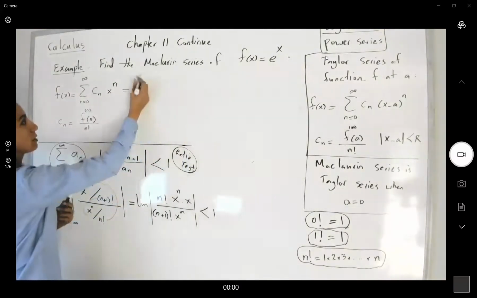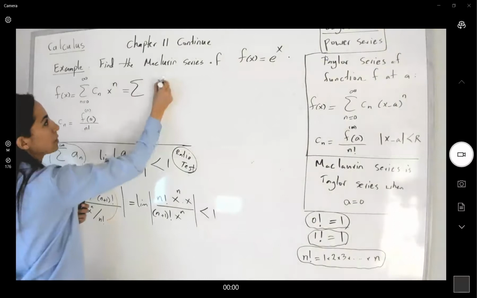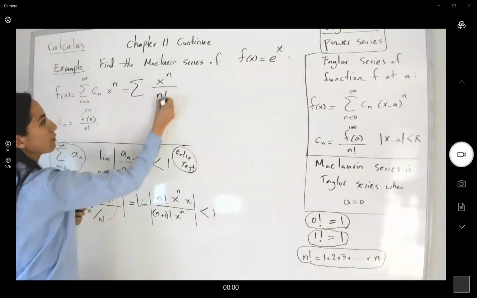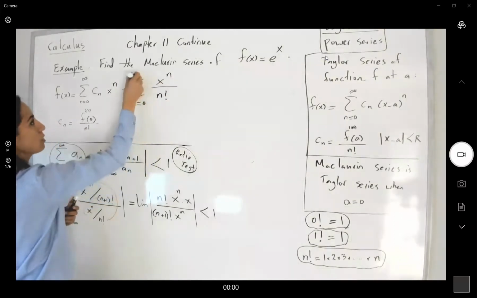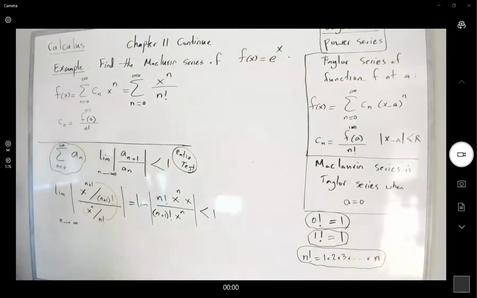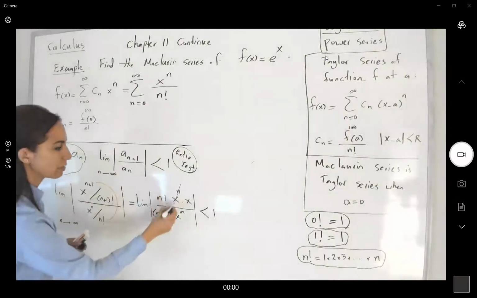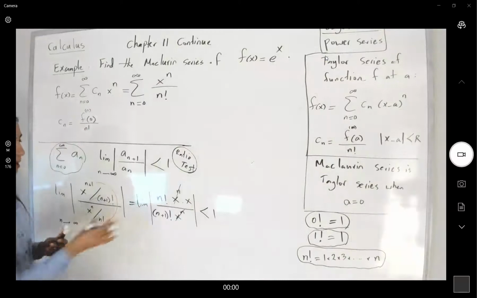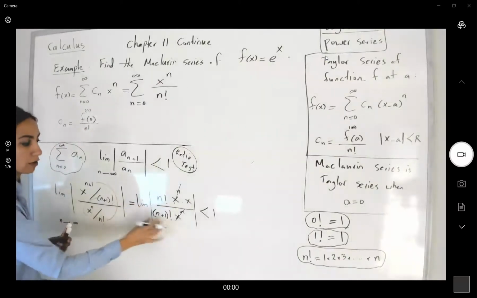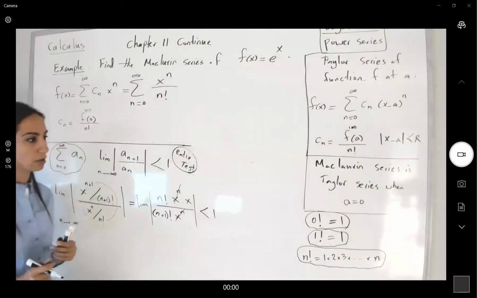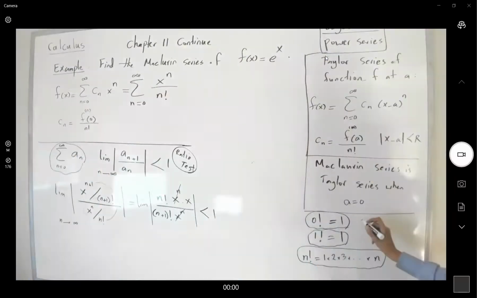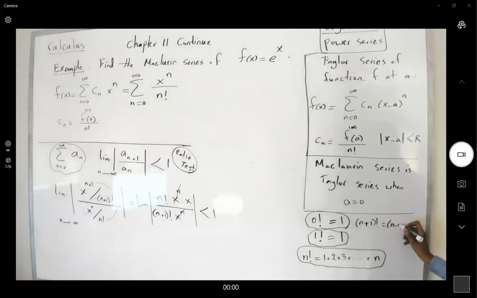So we know that this is equal to the sum of x to the n over n factorial, from 0 to infinity. Very well, you can cancel out x to the n and x to the n, and here you have n factorial divided by n plus 1 factorial. n plus 1 factorial can be written as n plus 1 times n factorial, another property of n factorial.